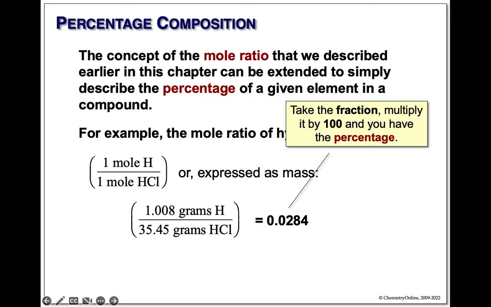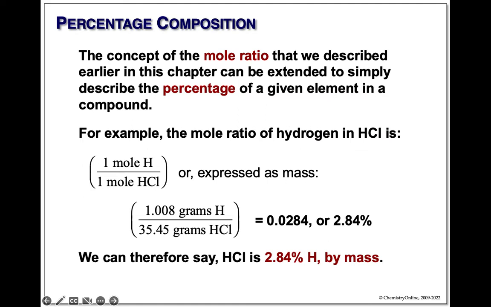Now, if I asked you the question, what's the percent by mass of hydrogen in HCl? You would simply take this ratio, multiply it by 100, and you say 2.84% by mass. That's the mass composition.